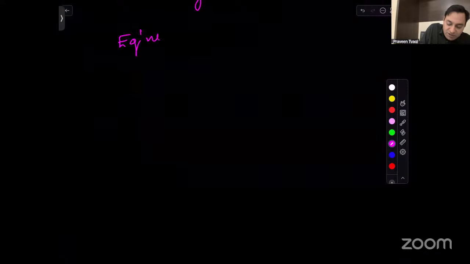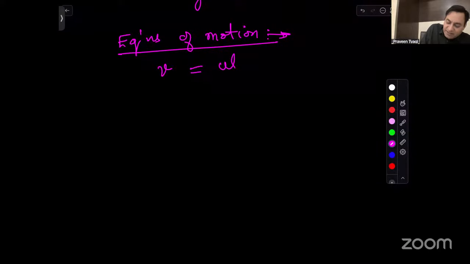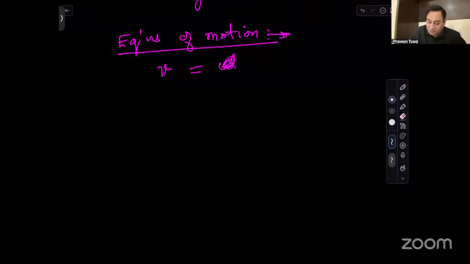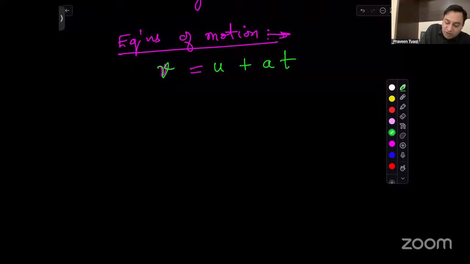Always remember when we are applying equations of motion, which we just understood, there are v is equal to u plus at, v is equal to... First of all, understand these are vectors. Time is a scalar. S is equal to ut plus half at square.